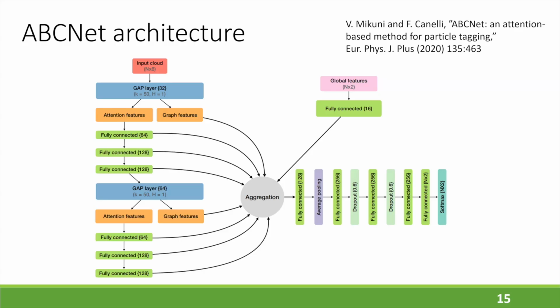After the first GAP block, the network separates into two streams: attention features and graph features, each passing through several fully connected layers of the sizes pointed out on the slide. The second GAP layer repeats this process with 60, also with fully connected layers.